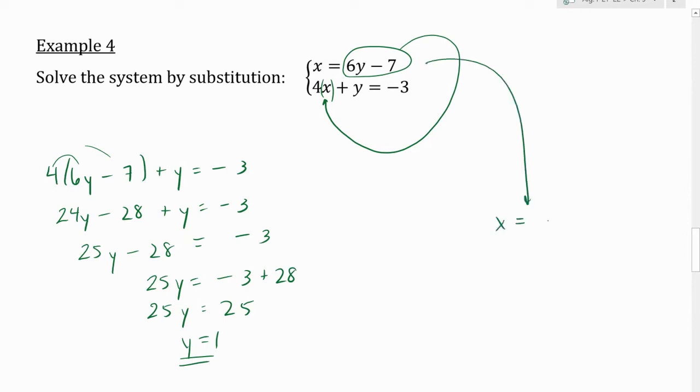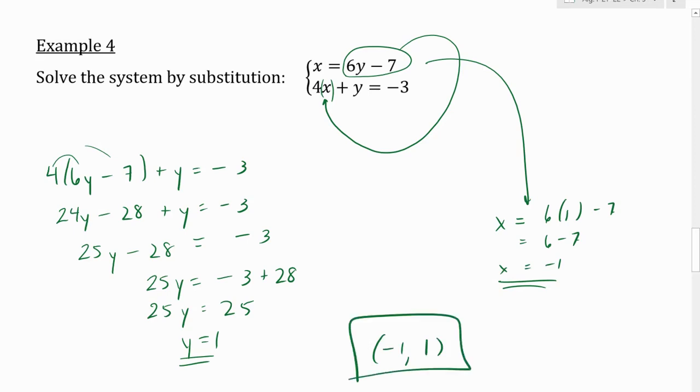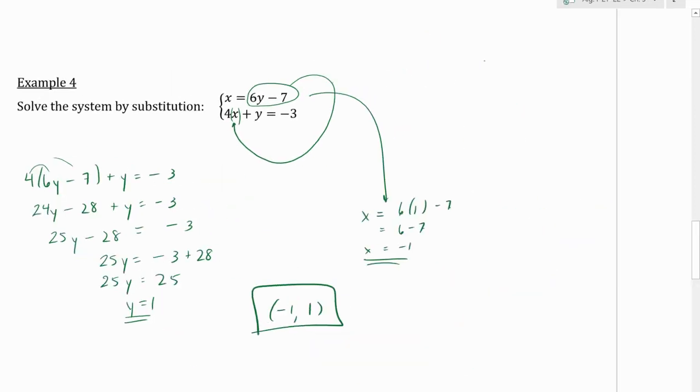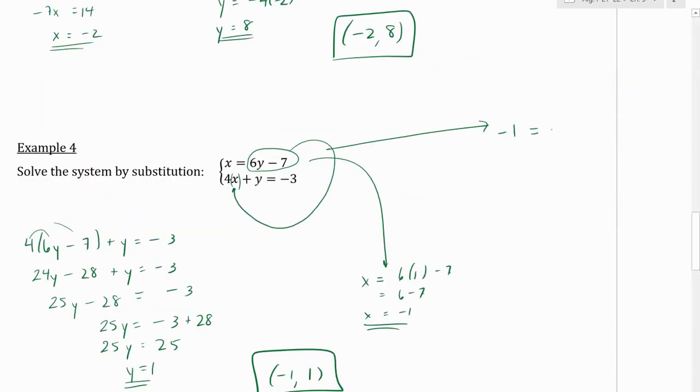X is 6 times y minus 7. So x is negative 1. Okay, again, let's check. Is my x 6 times the y minus 7? It is. Is 4 times my x plus my y equal to negative 3? It is.